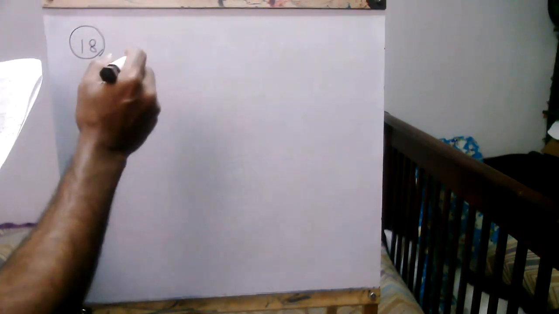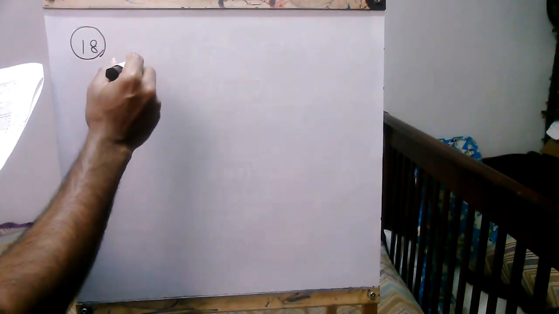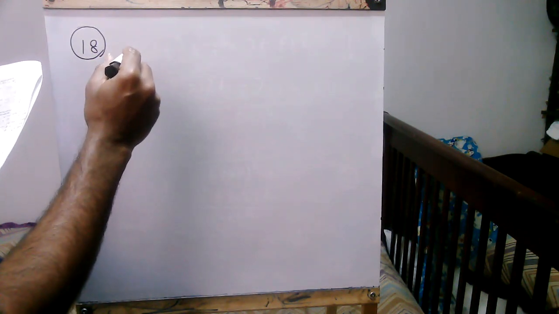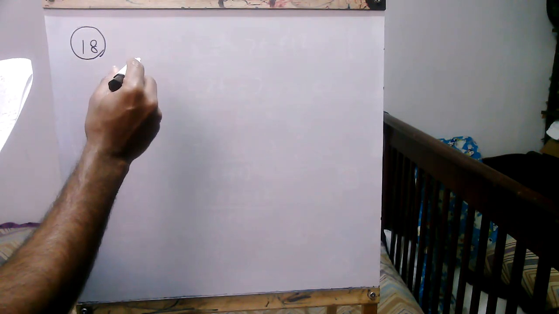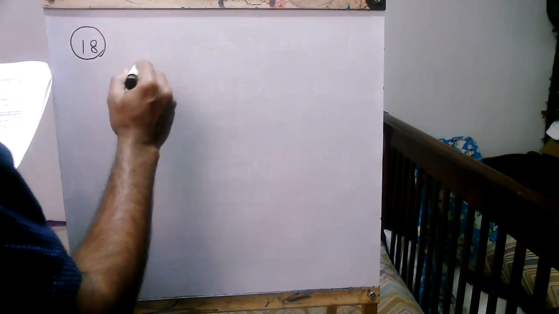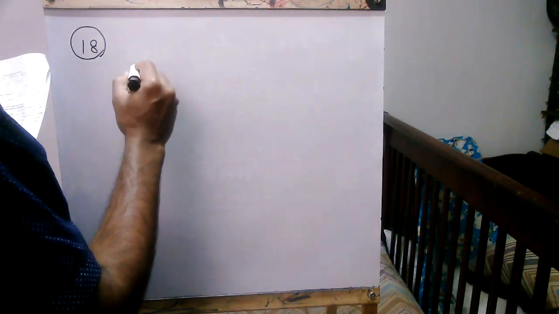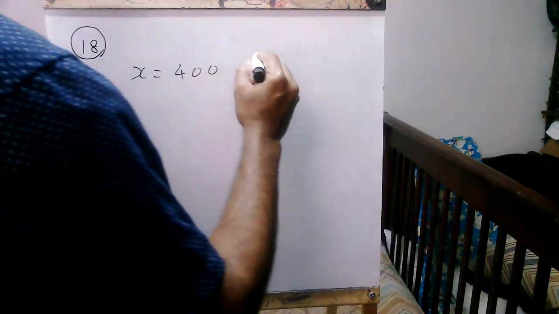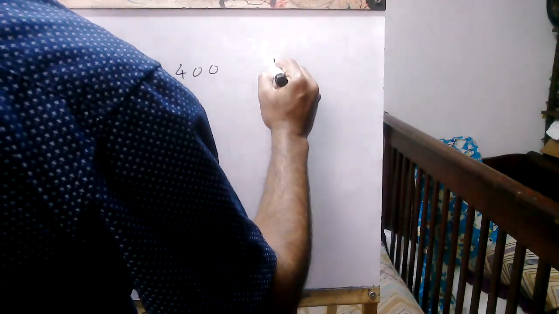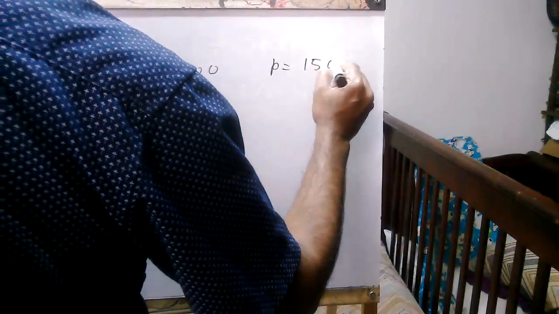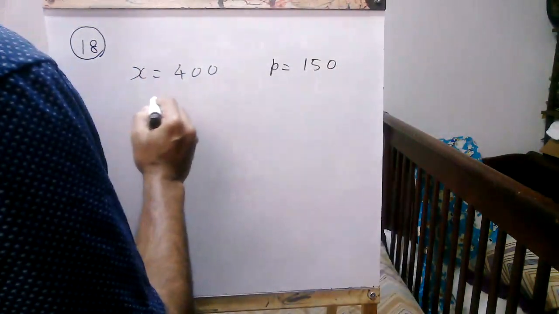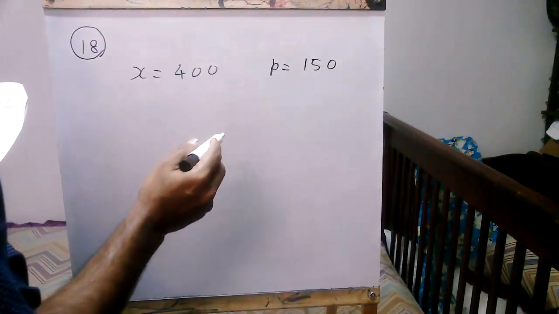An average of 400 iPods sold when the price is 150. That means when x equals 400, the price equals 150.